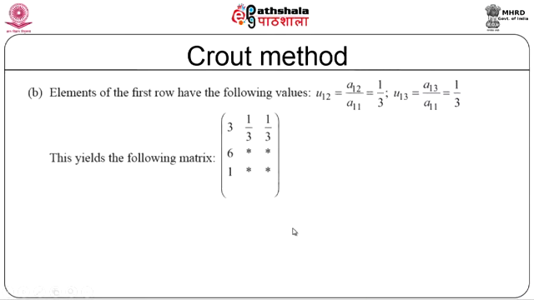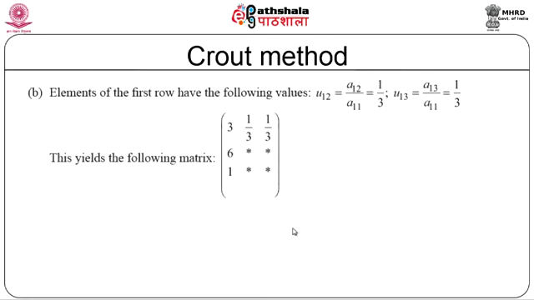Similarly, I can find the first row, U12 and U13. From the previous equations, you can find that U12 is going to be A12 by A11, so it becomes 1 by 3, and U13 becomes A13 by A11 to get 1 by 3. So, this yields this matrix.